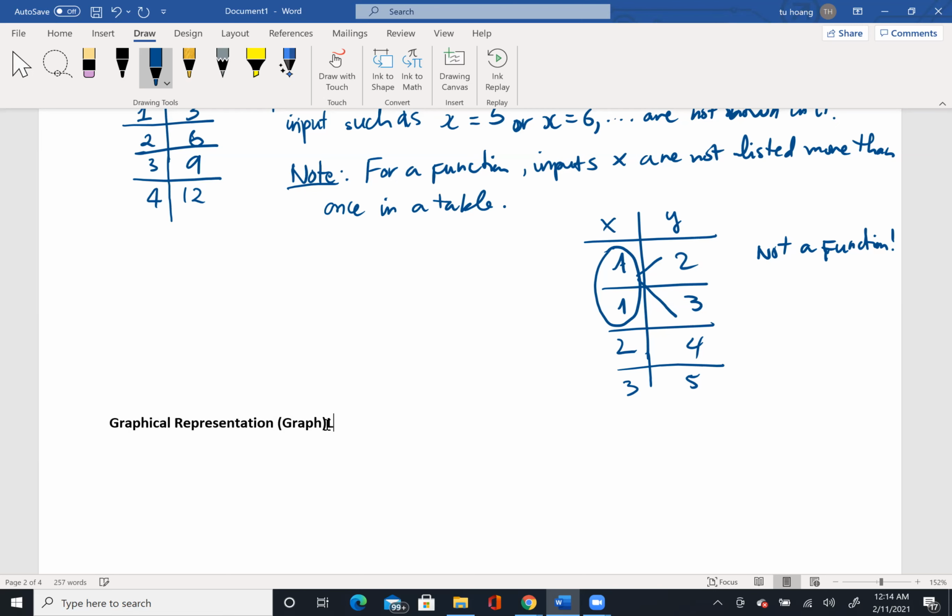This is a very important thing that you need to know for the next level of math. So this one visually associates an X input with a Y output.